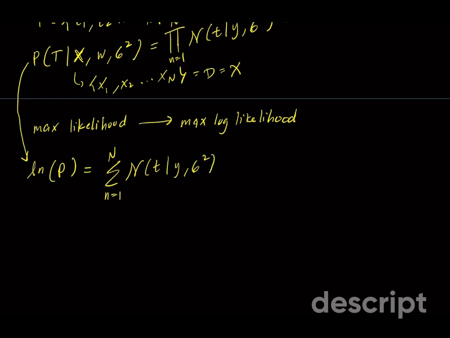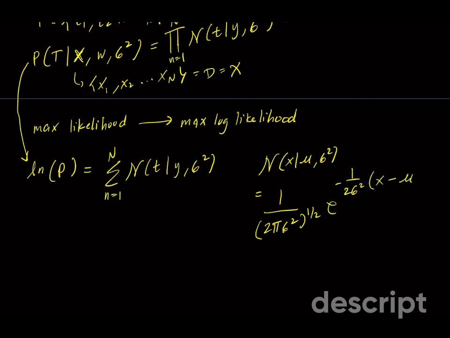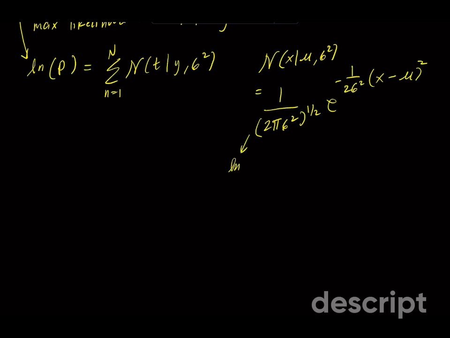Recall that the formula for your normal distribution given x, mu, and sigma squared is equal to 1 over (2 pi sigma squared) to the 1/2, times e to the negative 1 over 2 sigma squared times (x minus mu) squared. And getting the ln, or logarithm, of this gets us ln of (2 pi sigma squared) to the negative 1/2.